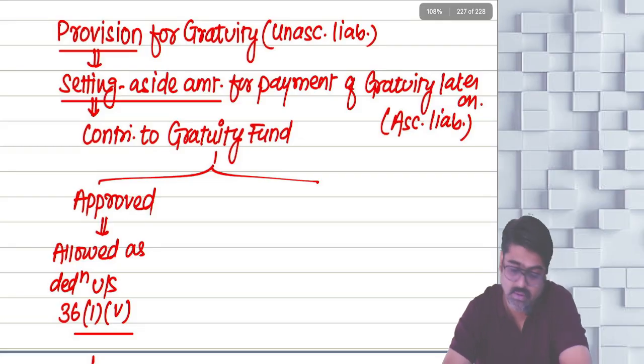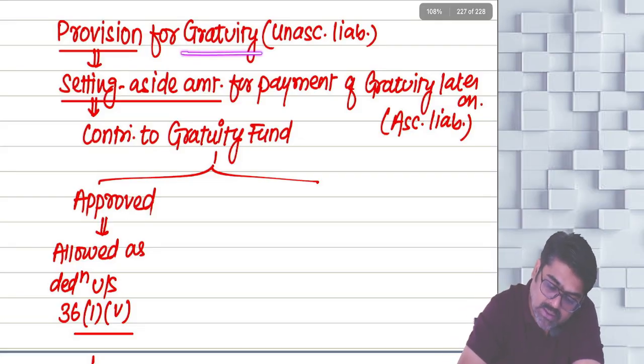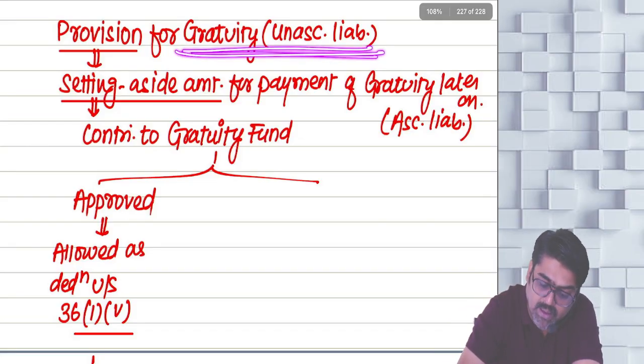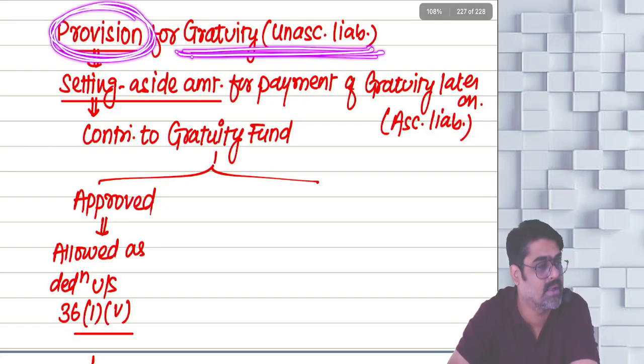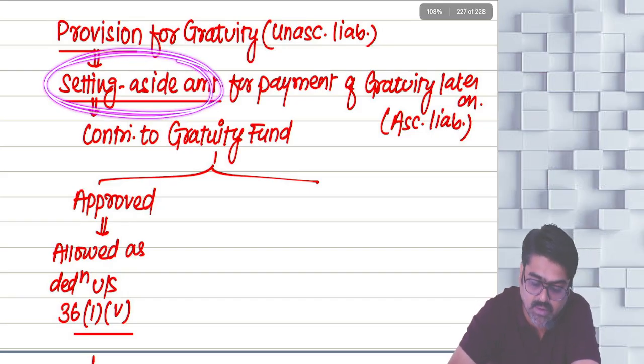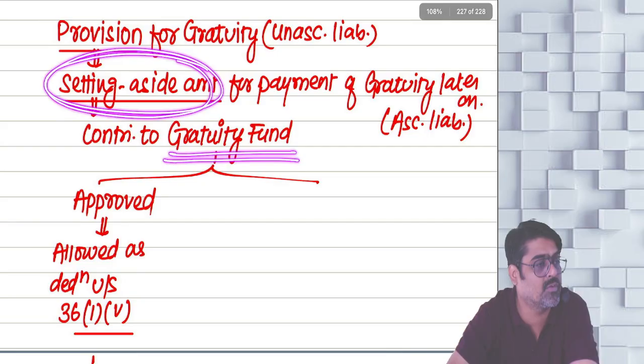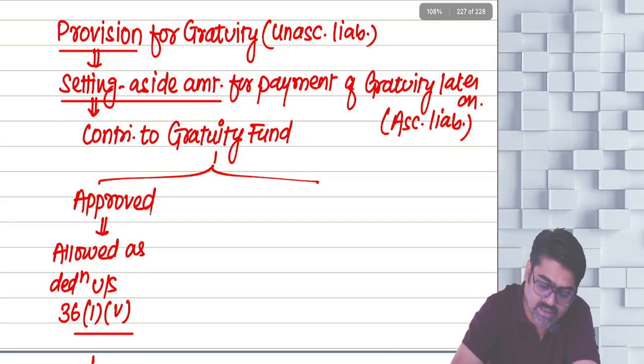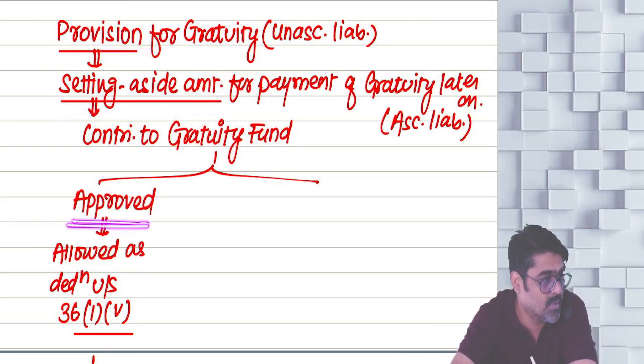Yes or no? Now, the gratuity which is supposed to be paid in future, for that you are making a provision right now. Meaning you are setting aside some amount in a fund known as what? Gratuity fund. And that gratuity fund is approved gratuity fund.